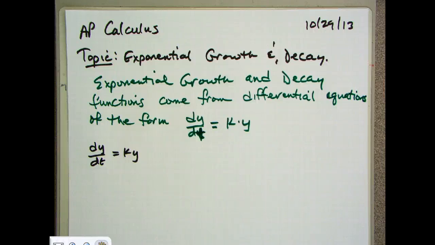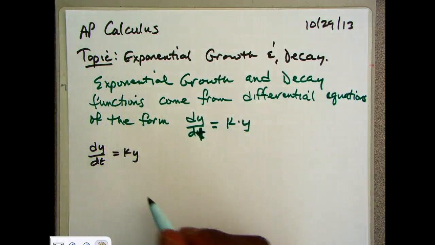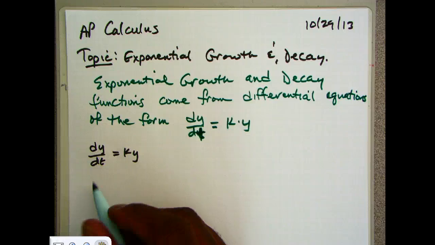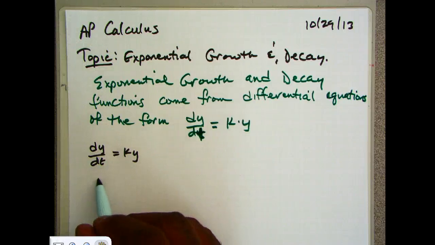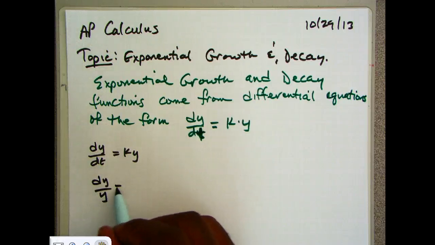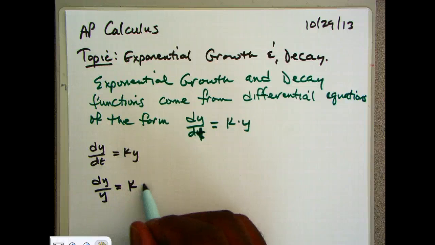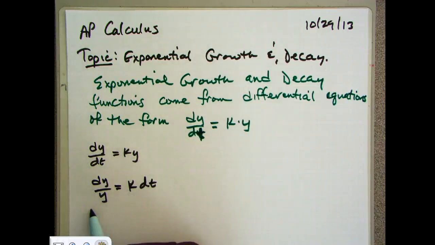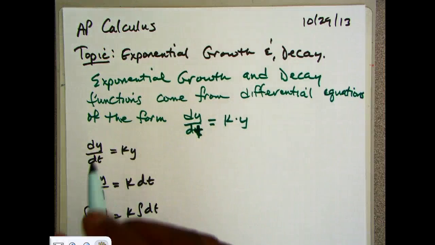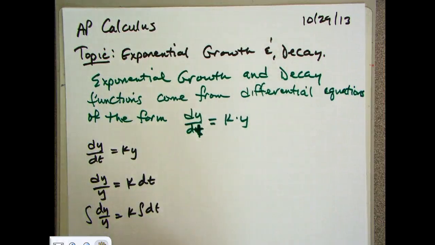using what we learned yesterday, if we want to solve this equation for y, well, we know we have dy over y is equal to k dt, taking the integral of both sides. We end up with natural log absolute value of y is equal to kt plus c. I'm going to call that c1.